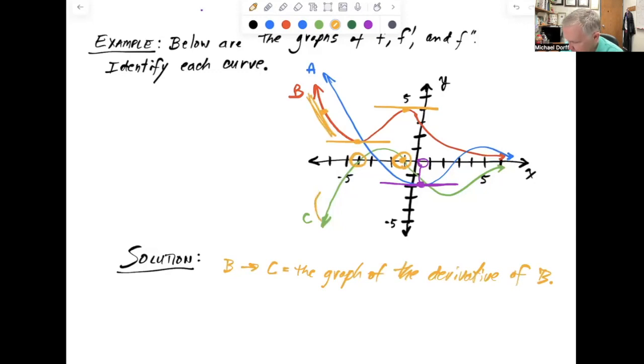That corresponds with the green line being below the x-axis. Being below the x-axis means that the C values are negative, and that's what I get for the slope of the tangent line for the red line.